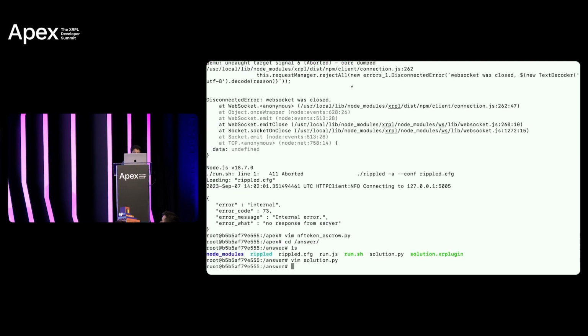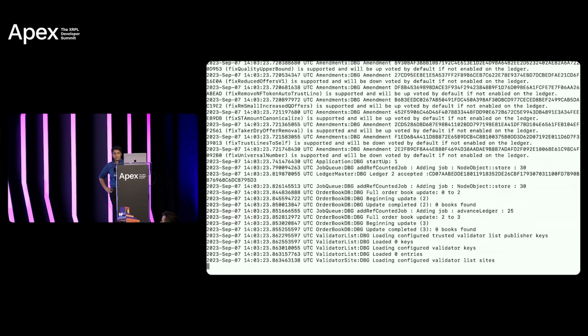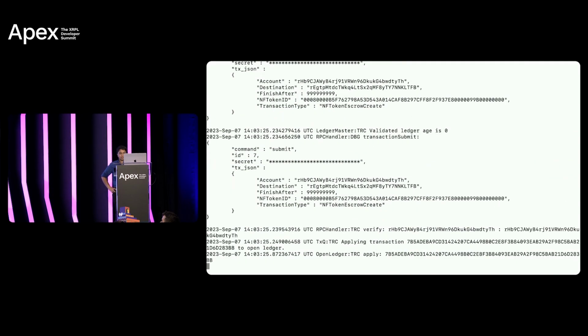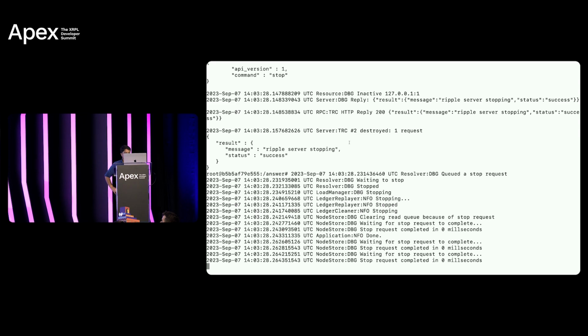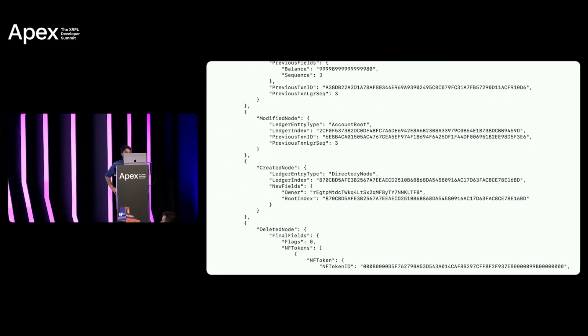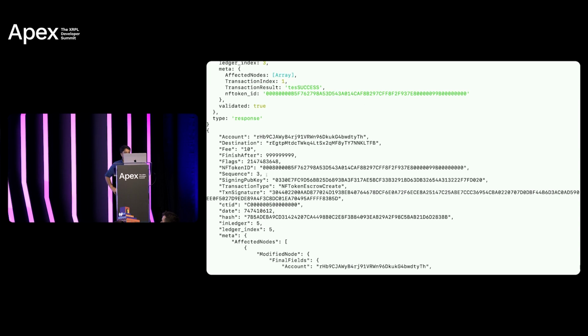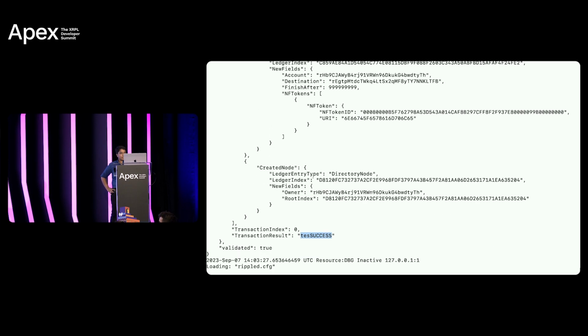So just to show you that this works before we go through the code, if I run the run.sh here, it's loading this plugin, which takes a couple seconds to fetch all the data and do all of its processing, and it stopped. So if I scroll back up, here's my NF token escrow create, and it was successful. And if we look at all this metadata, we do have this directory node still.